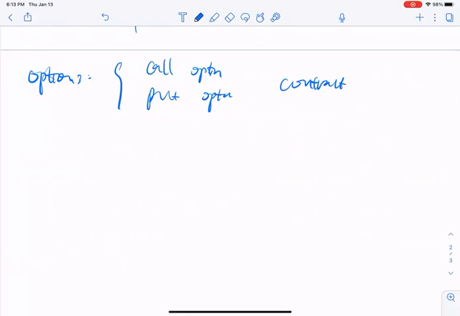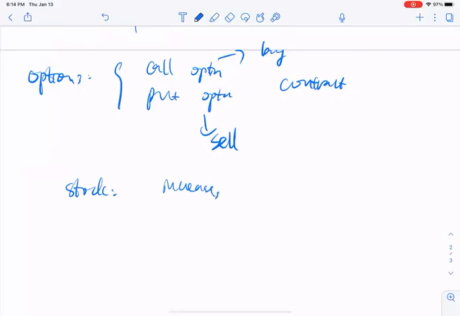Think about put option as a sell contract and call option as a buy contract. What does that mean? When you have, say, a stock, and you anticipate that the value is going to increase in the future, you sign a contract. Of course, I'm not using accurate terms, I'm only trying to simplify it, right?